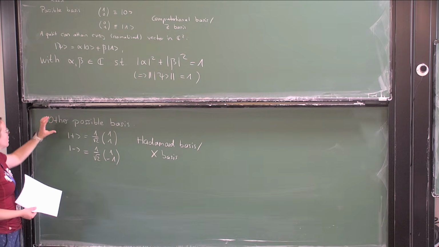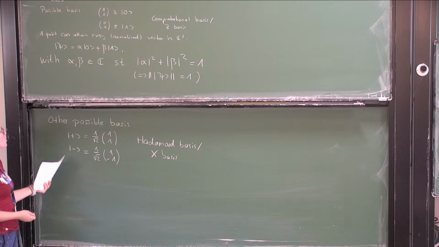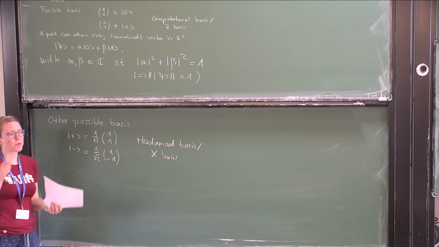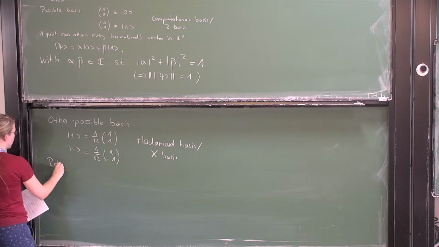What we need about these two bases, in particular, is their relation to each other. Since they are two bases of the same Hilbert space, of course, we can express one in terms of the other. So, the relation.